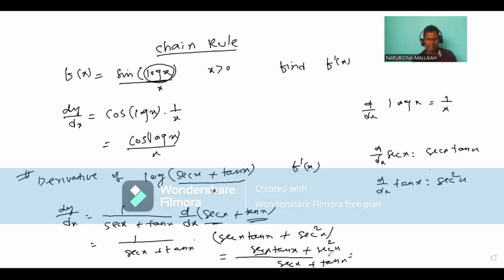Here secant x, here also secant x, so secant x is taken common. We are left with tan x plus, here we are left with 1, secant x by secant x plus tan x. This secant x plus tan x cancels. Finally, we are left with secant x. So this will be the f dash x.